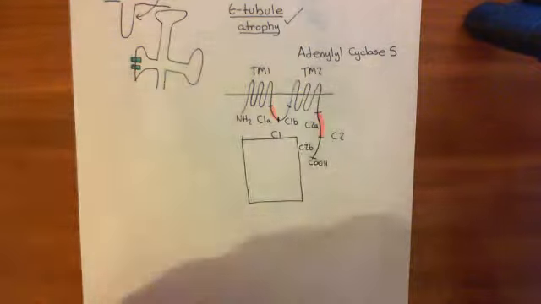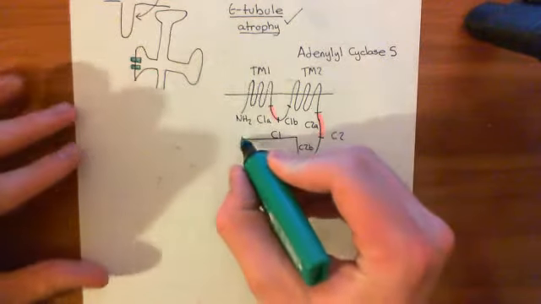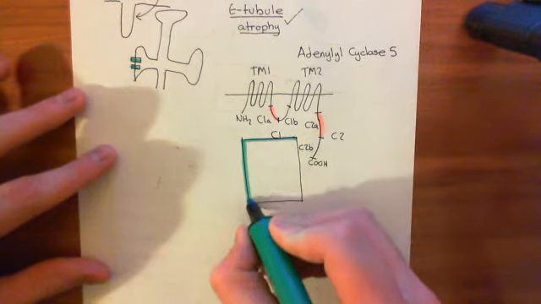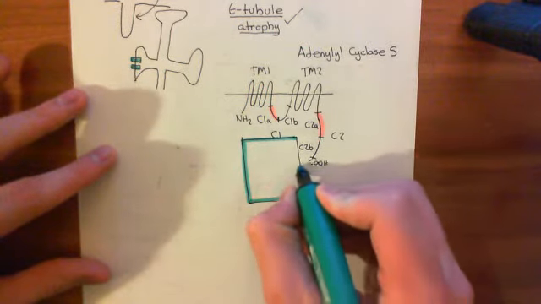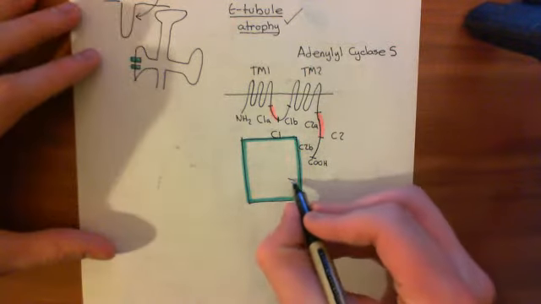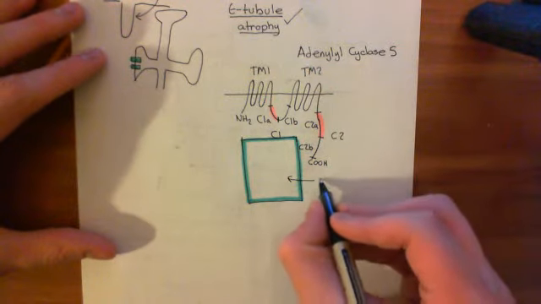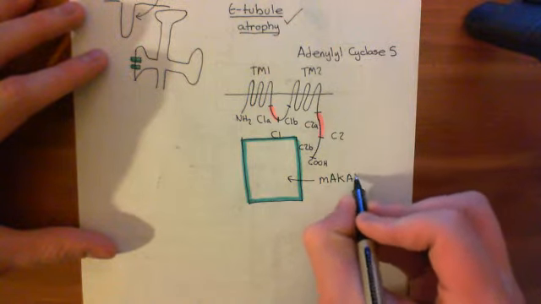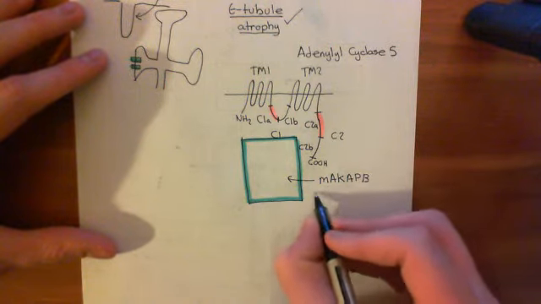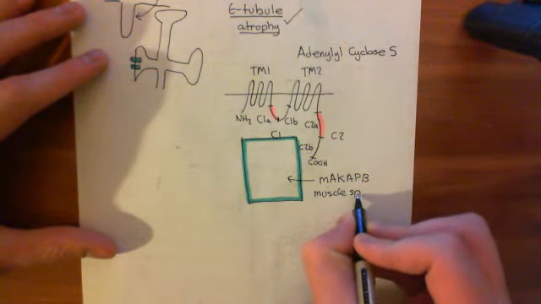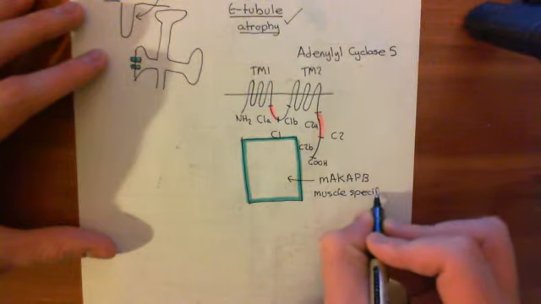Okay, so this next protein is something known as MAKAP beta. Okay, so I'll tell you what that stands for in a moment. Right, so this is the protein called MAKAP beta, and MAKAP beta stands for muscle-specific A kinase anchoring protein beta.